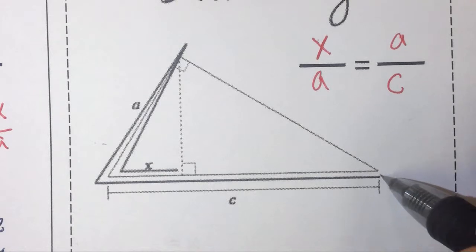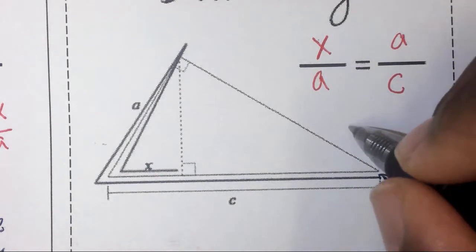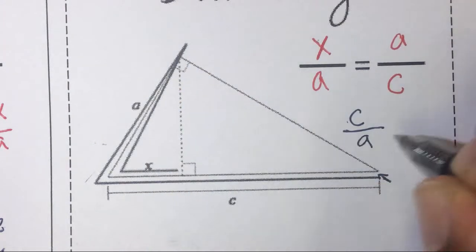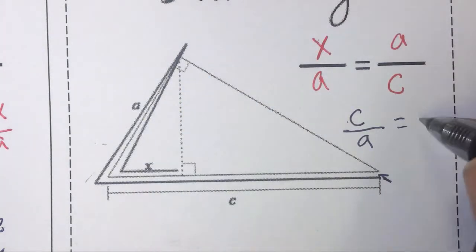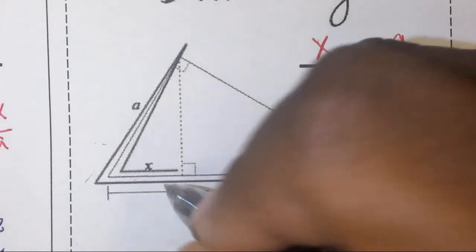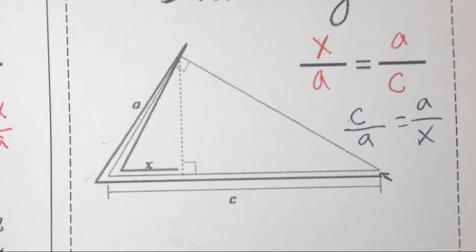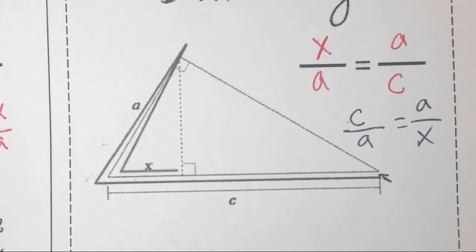You come back this way, you will start with C, go up A, come back down A, then go across the shorter piece with X. Still gonna be the same situation, you just wrote it flipped. Usually make sure you follow one of those paths.